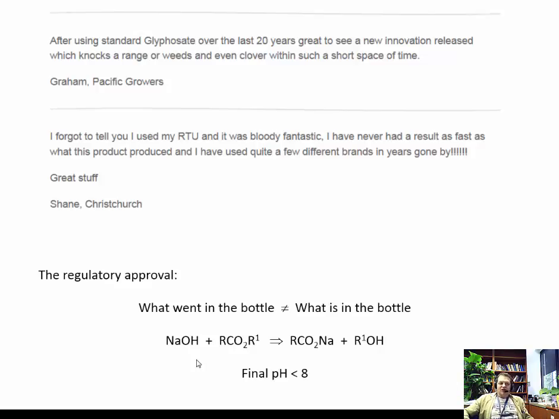As in many situations, and it's something you should look out for in the future if you end up in this sort of area, the people who were screening the application were not chemists. So they saw 10 molar sodium hydroxide, quite a lot of it. That triggered all of the red warning bells for safety for them.